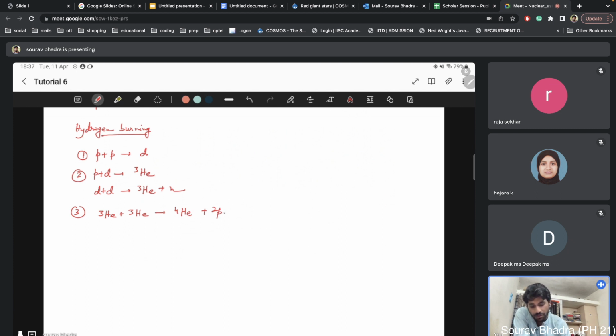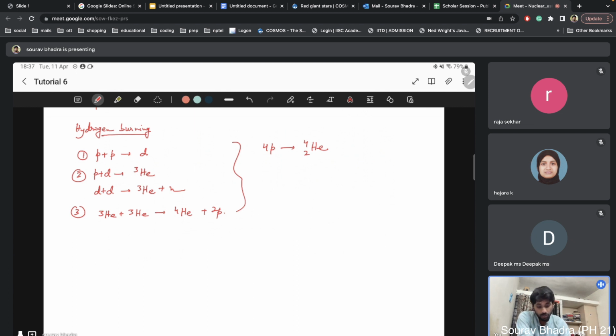So this was our hydrogen burning stage, where 3 substages are there. And what is actually happening in this full process is that 4 protons react and 1 helium-4 is created. So this is the hydrogen burning.